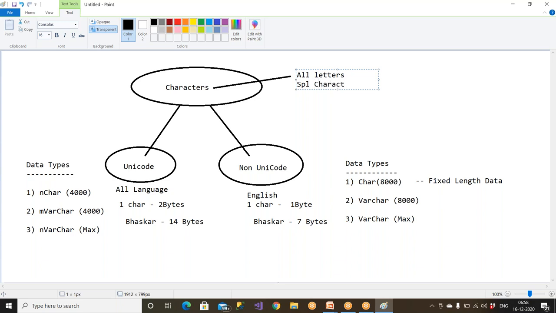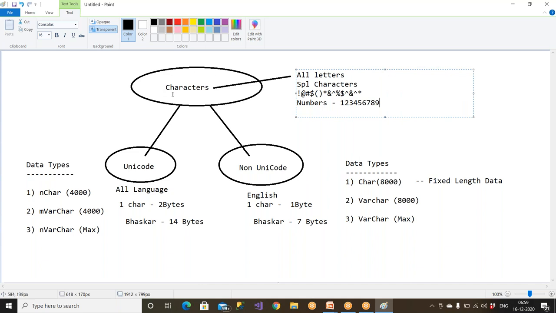Special characters means what? Do you know what a special character is? Space and all these things are called special characters. Clear? And even numbers are supported. 1, 2, 3, 4, 5, 6, 7, 8, 9. All these are called character data only.